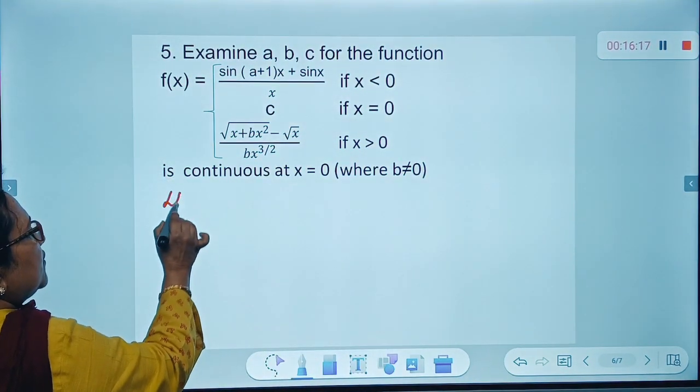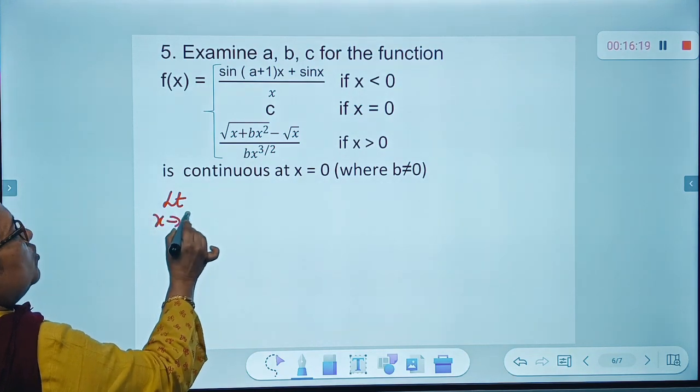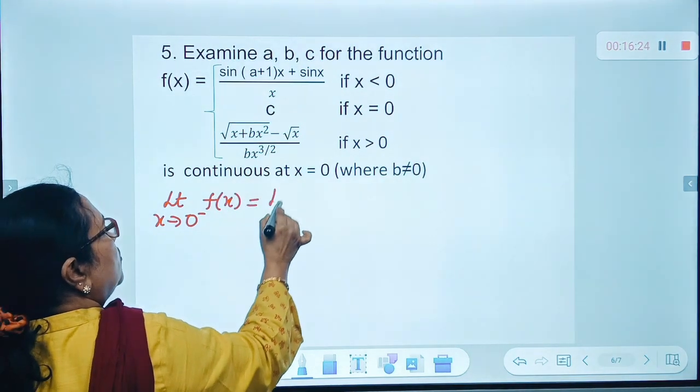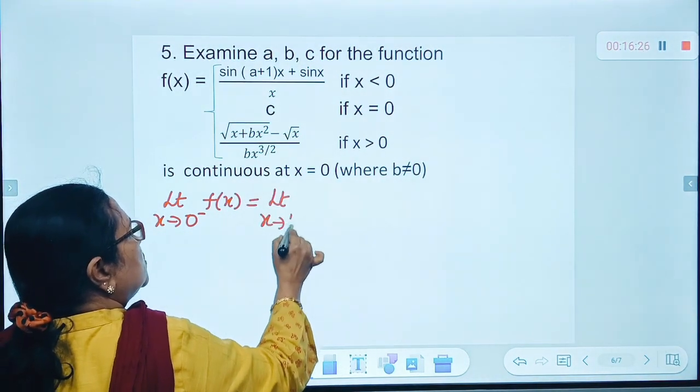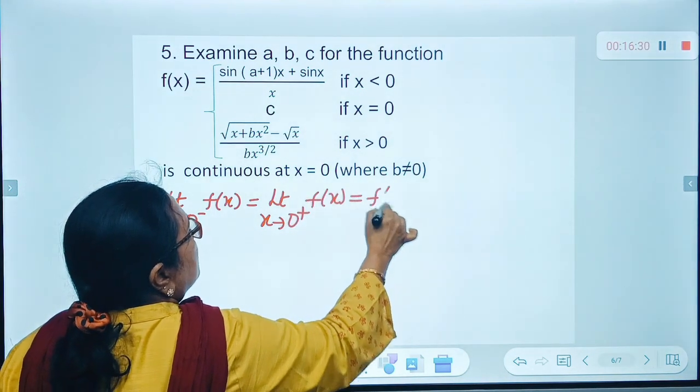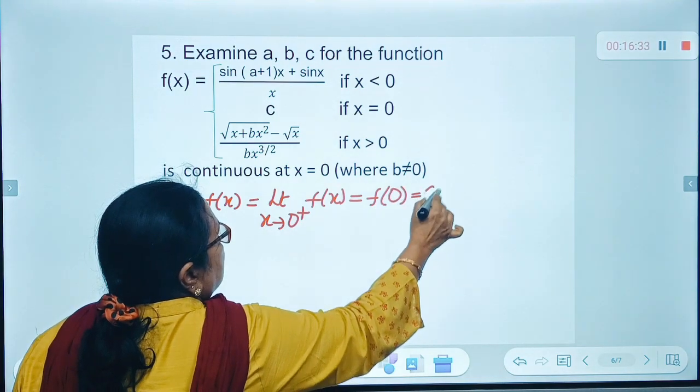So limit x tends to 0 minus of f of x is equal to limit x tending to 0 plus of f of x equal to f of 0 equal to c.